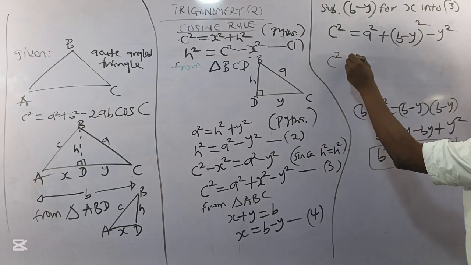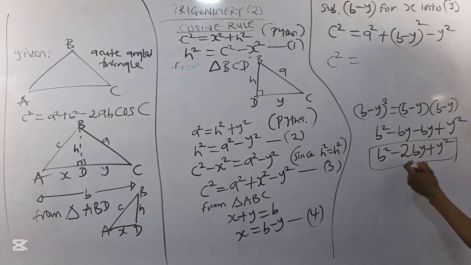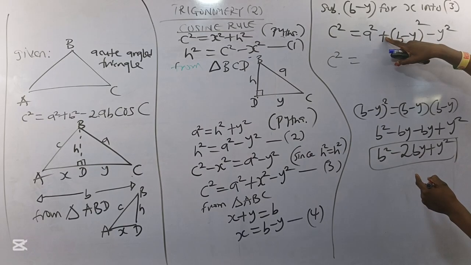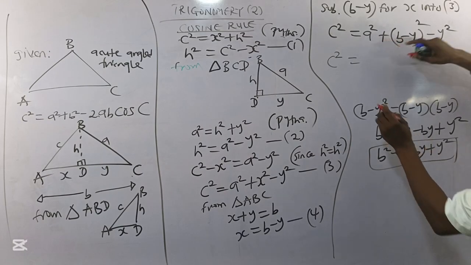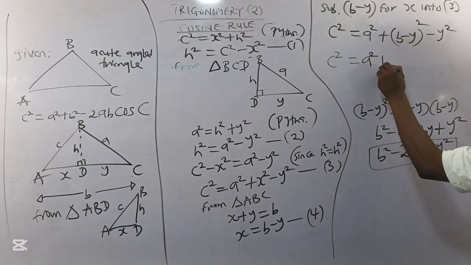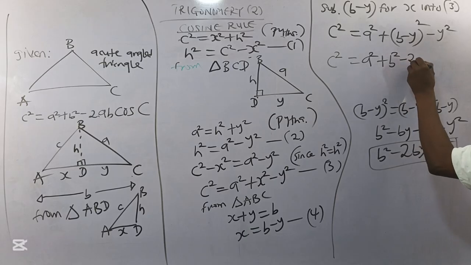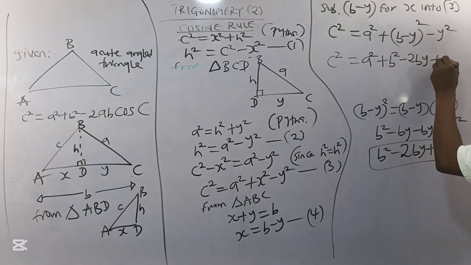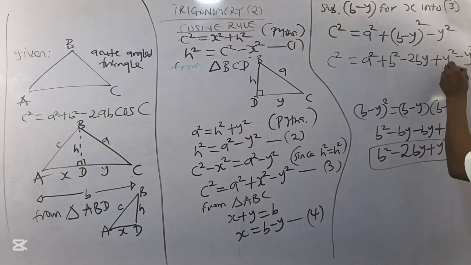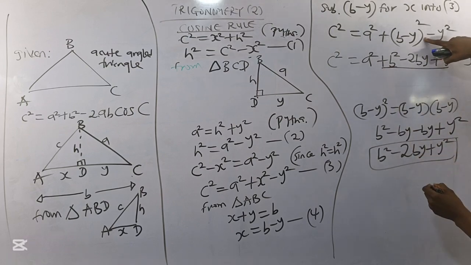So I have C square. Since here is positive, I'll just put it the way it is. But if it was negative, all these signs will change. Take note. So I have A square plus B square minus 2BY plus Y square minus Y square, which I have here. So this is the expansion for this.